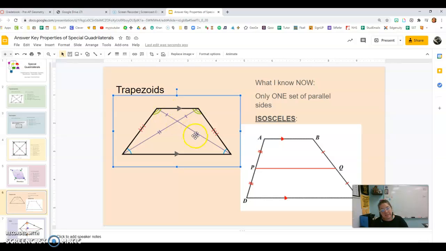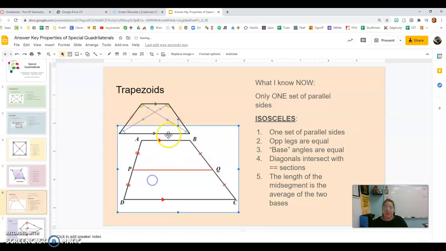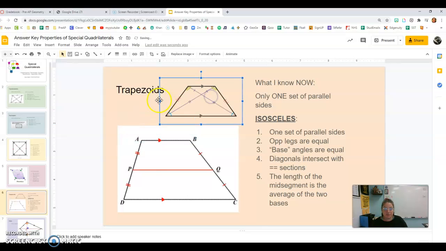On the diagonals, which are these purple lines, you can see this piece of the diagonal and this piece of the diagonal end up being equal to each other. And then the bottom half of the diagonal, this piece, ends up being equal to that piece. So again, in an isosceles trapezoid, the diagonals intersect and create equal pieces, okay?